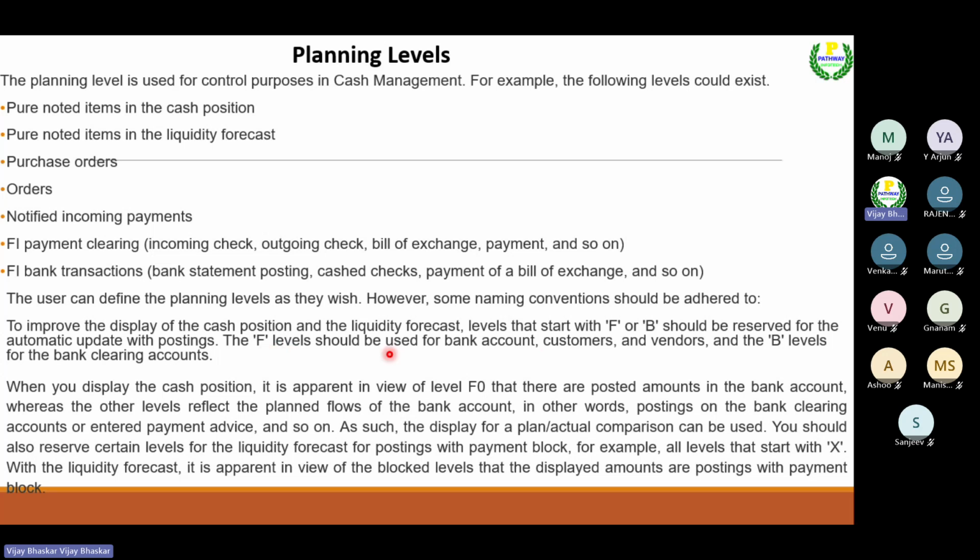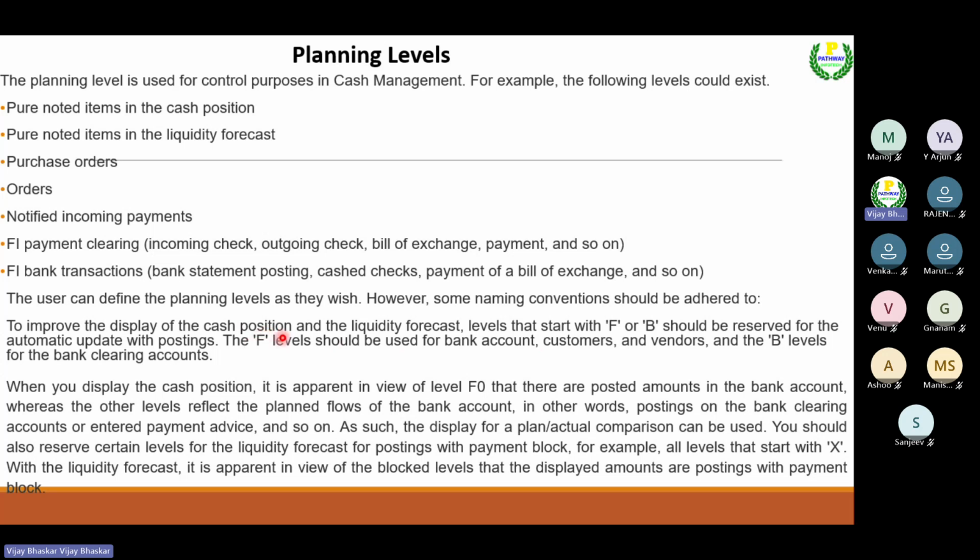The indication F is a prerequisite for the planning levels which we are going to define. The F level should be used for the bank accounts, customers and vendors, and the B level should be used for the bank clearing accounts. Why F here? It's forecasting.